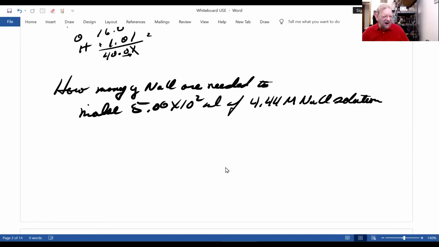Now, I'll help you out in case you don't have a periodic table. And you all know how to look this up. Here are the atomic weights for sodium and chlorine. Hint, you need 2 steps.